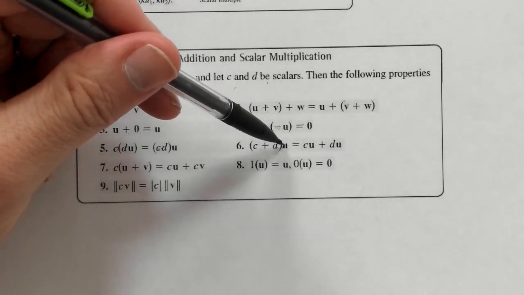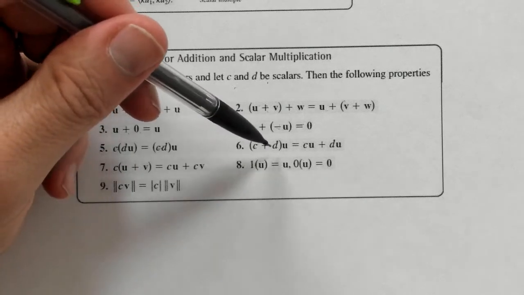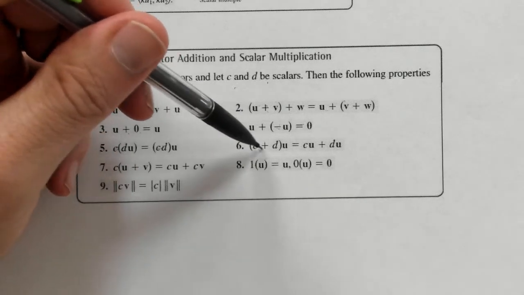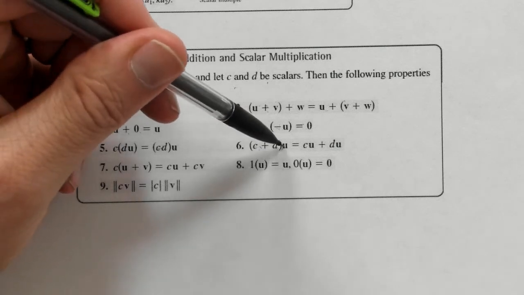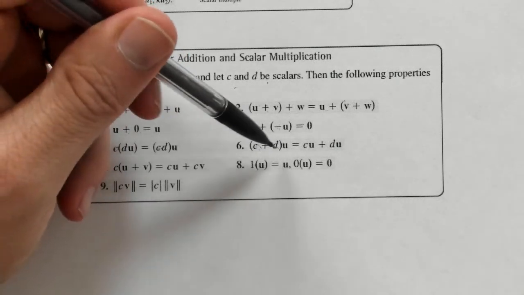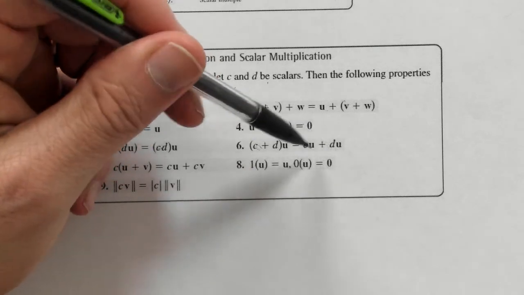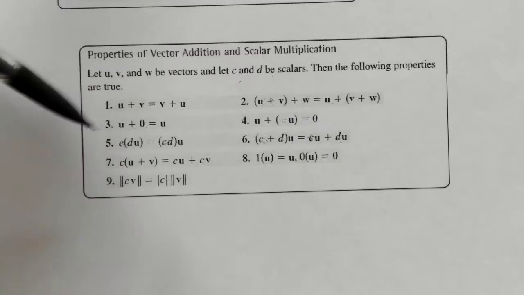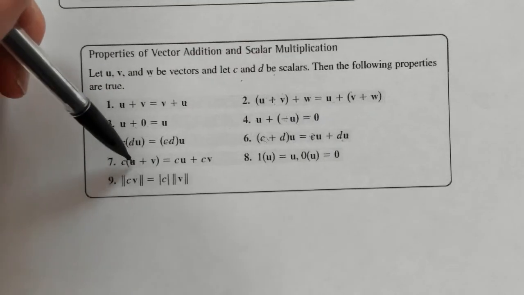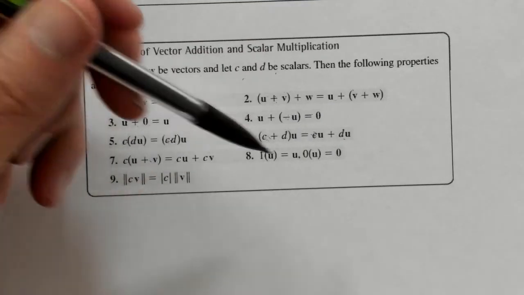If I add two scalars together and then multiply by the vector, or multiply each scalar by the vector individually and then add those together, that would still work.